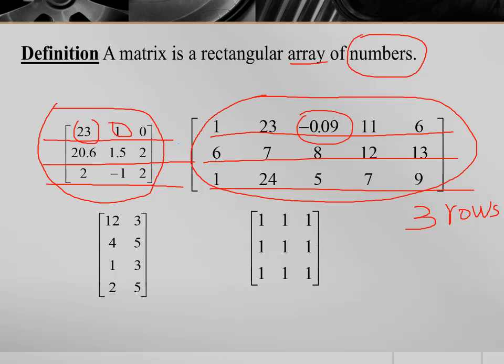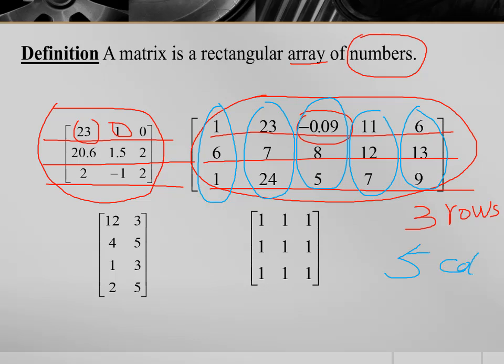Here we have column 1, column 2, column 3, column 4, column 5. So we have 5 columns. So this is a 3 row and 5 column matrix.